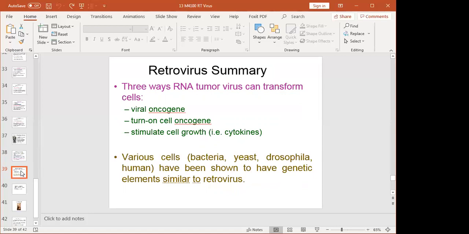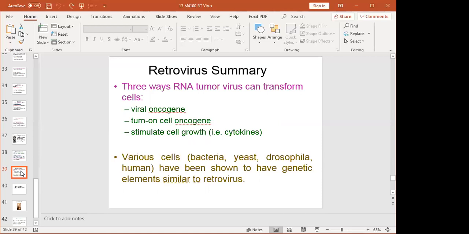There are 3 ways by which RNA tumor viruses can transform or cause cancer in host cells. These are the use of viral oncogenes, turning on host cell oncogenes or c-onc, or stimulating cell growth pathways such as infection of T cells and continuous secretion of cytokines.